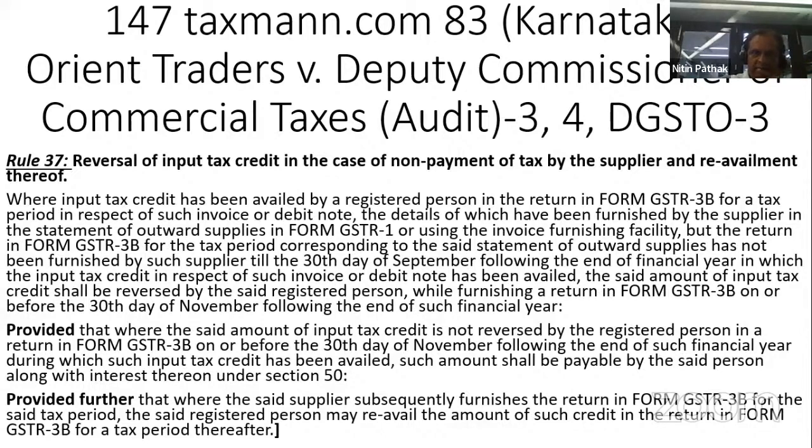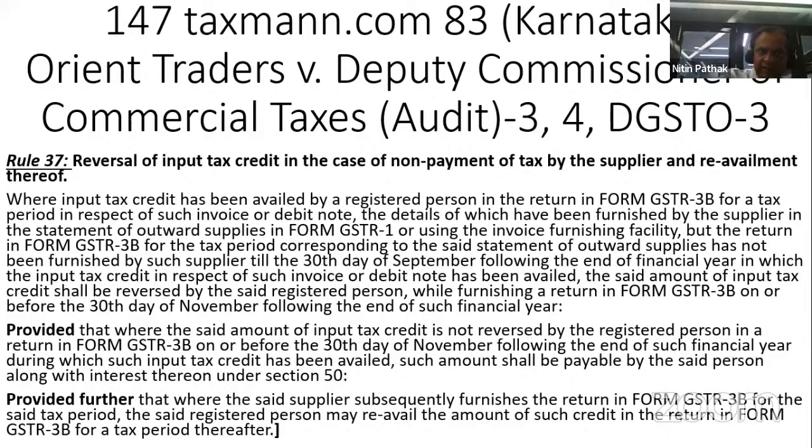When ITC has been availed by the registered person in the return in the form of GSTR-3B for a tax period in respect of such invoice or debit note, the details of which have been furnished by the supplier in the statement of outward supply in GSTR-1 or using the invoice furnishing facility, and the return in GSTR-3B for the tax period corresponding to the statement of outward supply has not been furnished by such supplier till 30th September following the end of the financial year, the input tax credit in respect of such invoice shall be reversed.